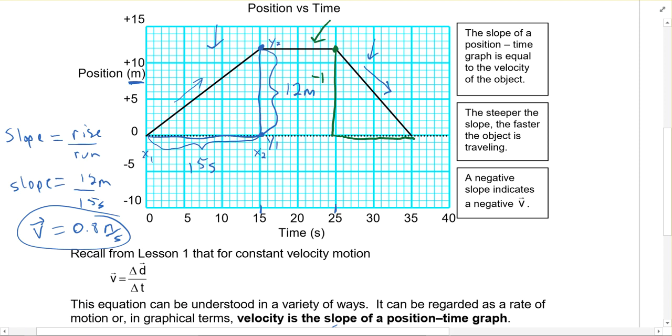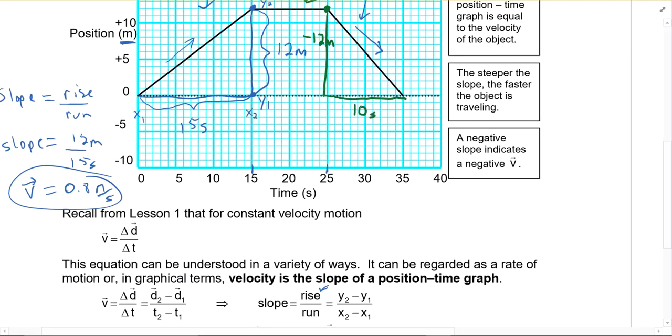So it's going to be negative 12 meters down. And it's negative because I started here and I've gone in the downward direction. So it's negative 12. My run is going to be 35 minus 25. So it's going to be 10 seconds. So now I just got to do the same thing.